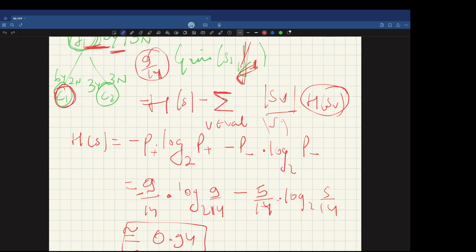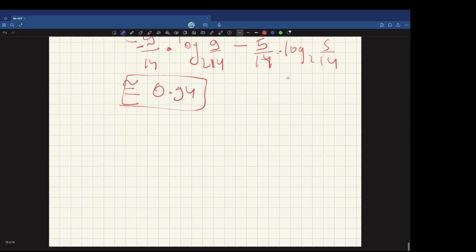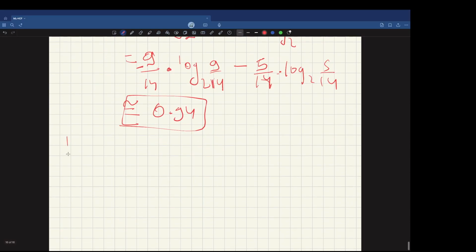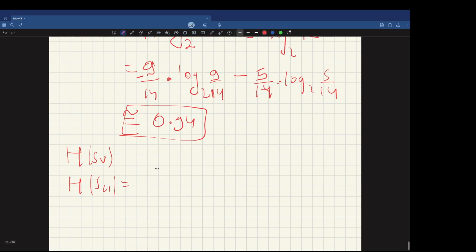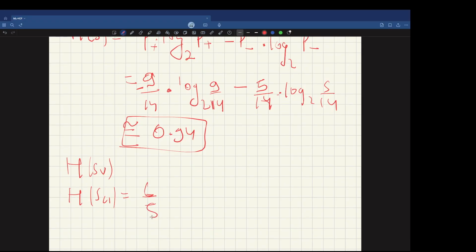Because we have the summation over values, and we have two values, C1 and C2. So we'll find H of S_v first, starting with C1, that is 6 by 8, 6 by 8, negative. Just a second please.